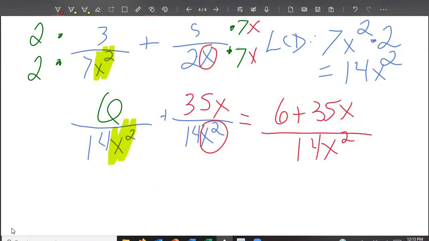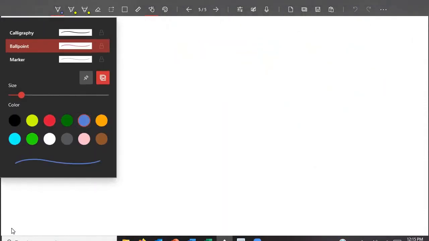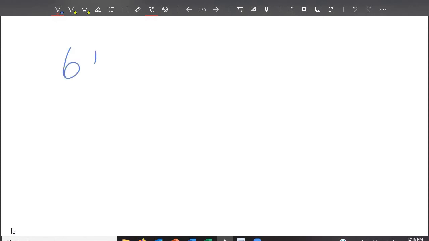Let's try this. This is a whole number plus a fraction. Now, when you're dealing with whole numbers, you want to put them over 1 so that you have two fractions.